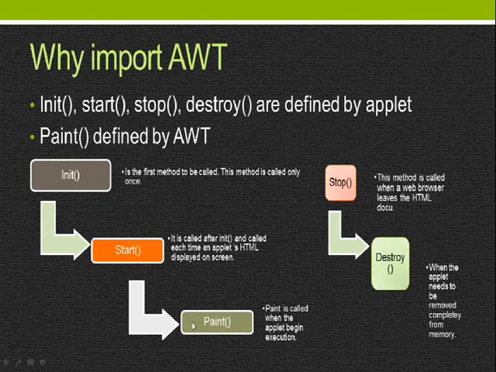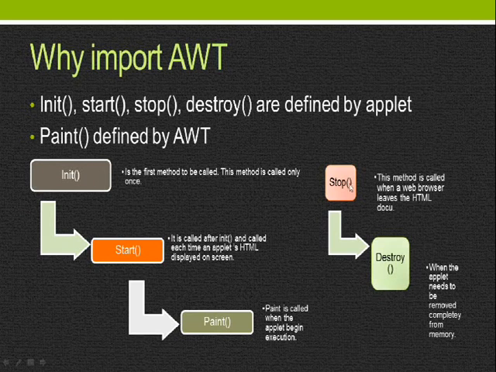Now after that we have used paint. Paint is called when the applet begins execution. Whenever we have to depict something, write something, give some output, then paint is called. This is the complete process of applet starting and functioning.